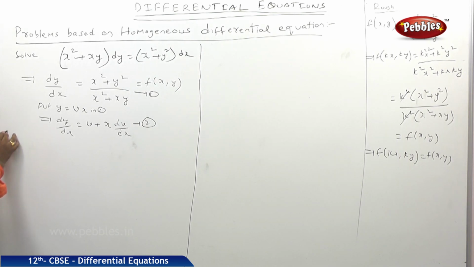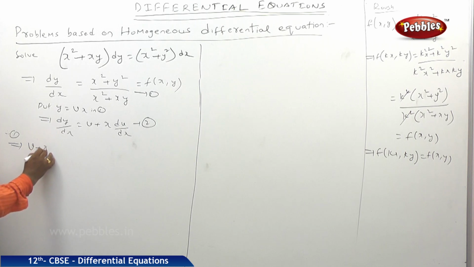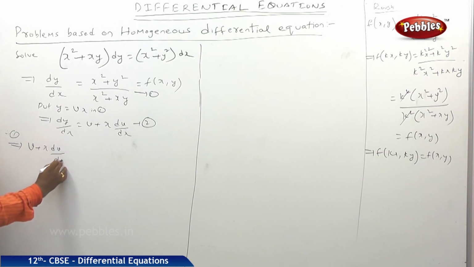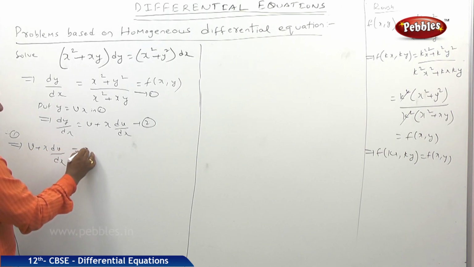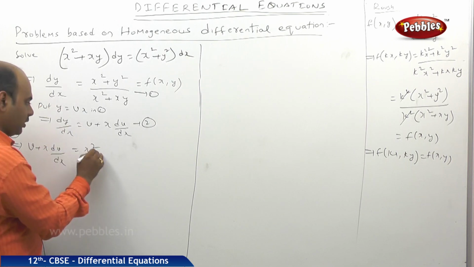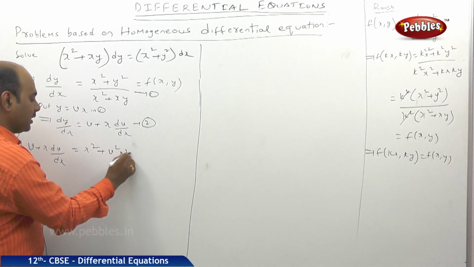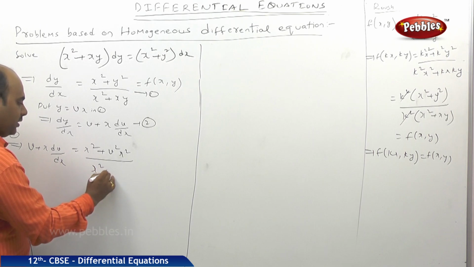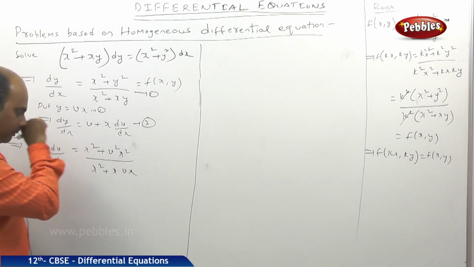Therefore 1 implies dy by dx, that is v plus x into dv by dx, is equal to (x square plus v square x square) divided by (x square plus x into vx).